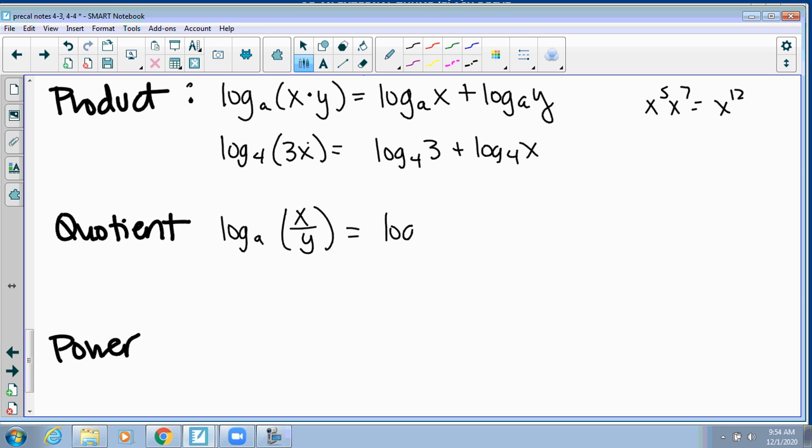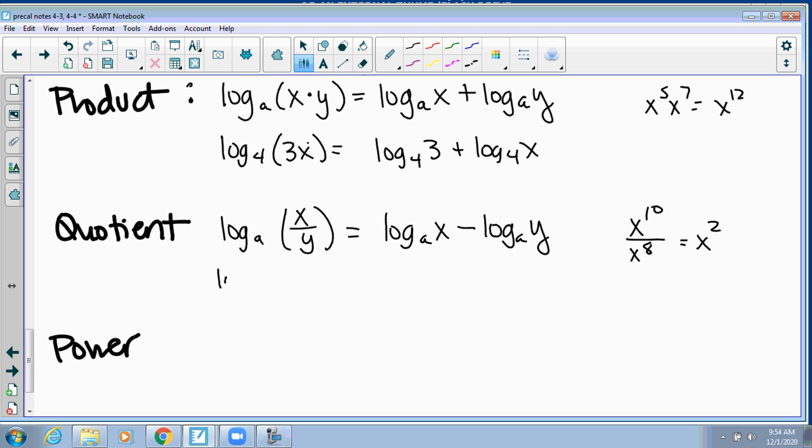That would be log base a of x minus log base a of y. So the dividing turns into a subtraction. Just like the product property had to do with the exponent, same thing with the quotient. If I had x to the 10th over x to the 8th, I would subtract those numbers and get x to the 2nd. So very similar.